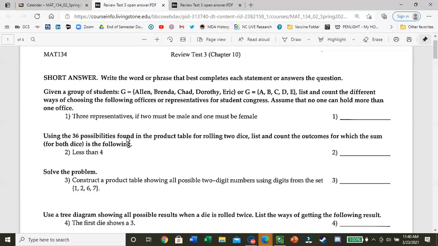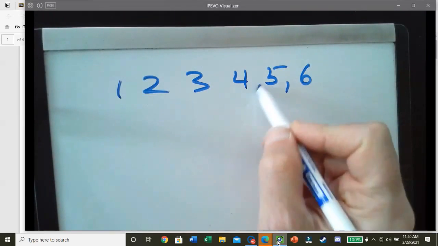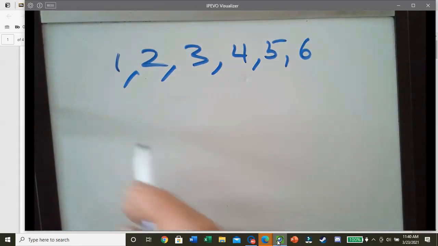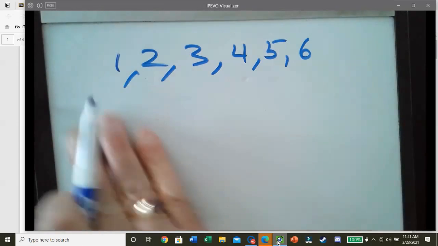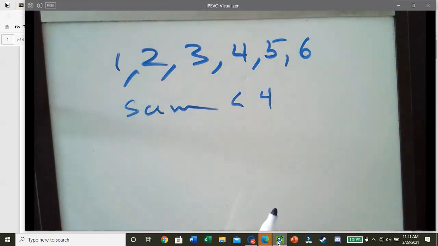Okay, using the possibilities found in the product table from rolling 2 dice, list and count the outcomes of which the sum is less than 4. Well, you have 2 dice, right? And the dice have 1, 2, 3, 4, 5, 6 on them, right? But the sum must be less than a 4.